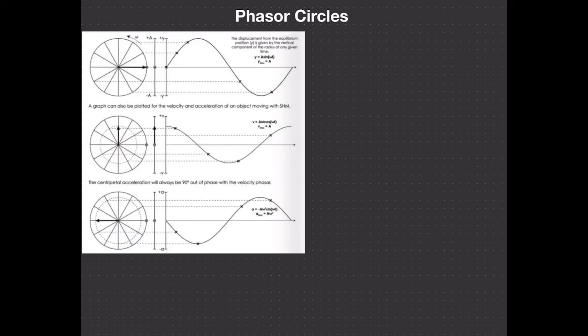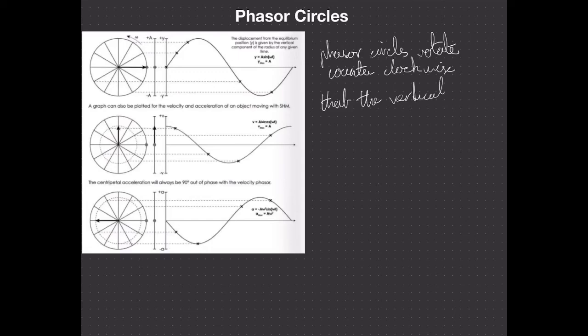We'll go into depth around calculations in another video, but our main takeaways from this are Phasor circles rotate counterclockwise, that the vertical component of the radius represents what we're modeling.